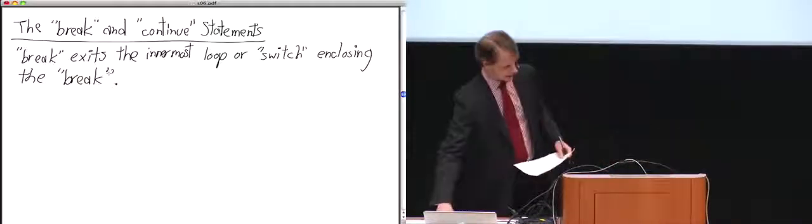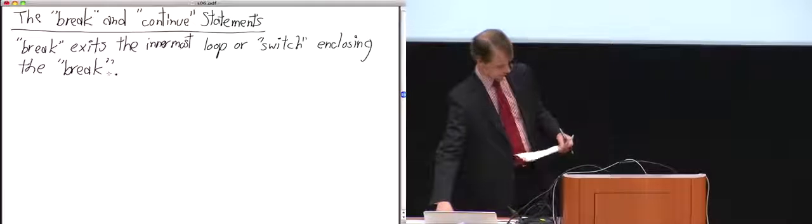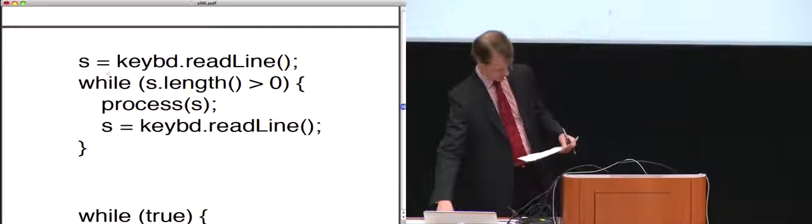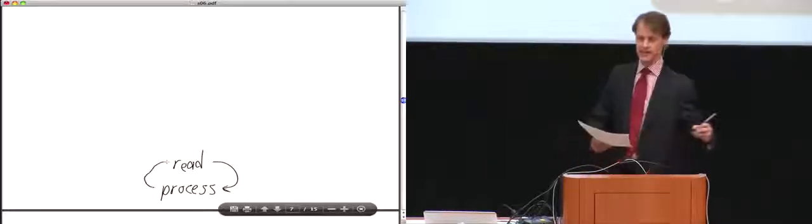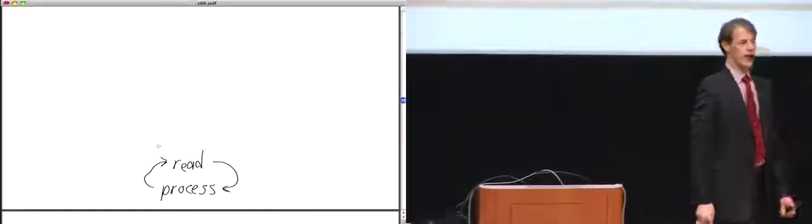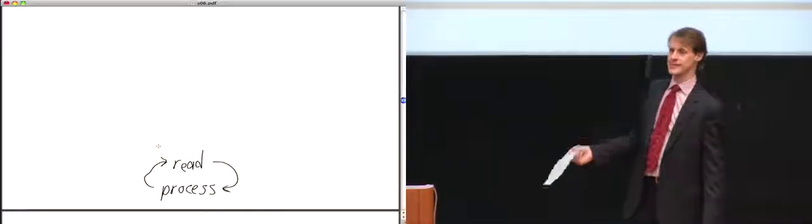So what I want to do is come back to the question I was talking about a minute ago, where you have this loop that does read and process. But as I said a minute ago, the natural place to enter this loop and the natural place to exit the loop are not necessarily the same.